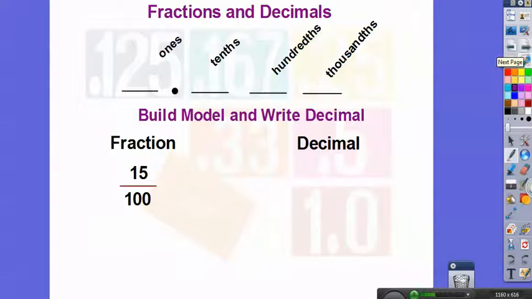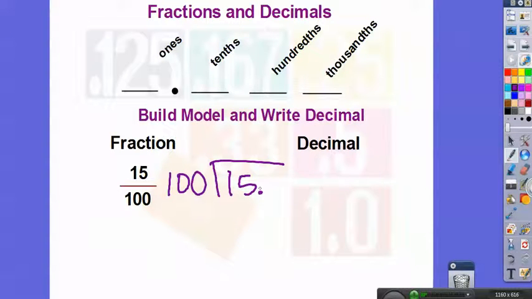What about 15/100ths? Well, we could do the division, 15 divided by 100. And we'd have to add our decimal and our 0 and bring our decimal up and see that 100 goes into 150 one time. 1 times 100 is 100.